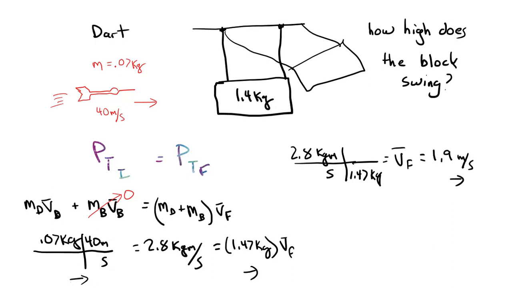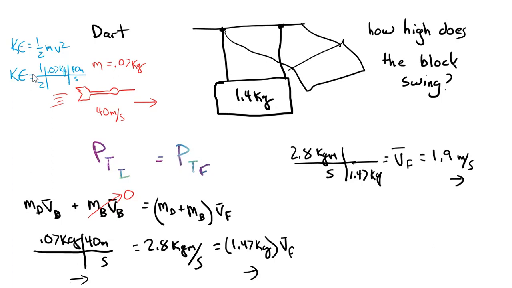Now, just to say it, if I figured out the kinetic energy of the dart, that's 1/2 times mass times speed squared. And this dart's going to have a decent amount of kinetic energy because it's got such a high speed. So it's going to be 1/2 times 0.07 kilograms times speed squared, 40 meters per second.